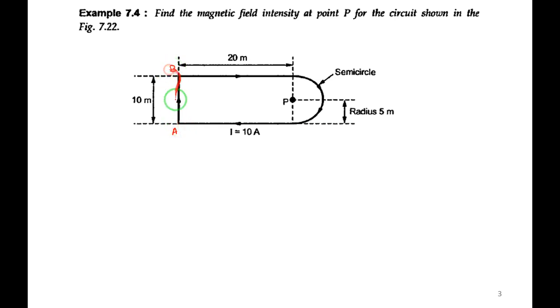A to B is one finite length conductor, then B to C. Then let me take this semicircle CDE. CDE is a semicircle. If I complete it, it will be a circular conductor, but this is half of the circle, right? We know the formula for a circular conductor. Then E to A. We have these finite length conductors, right?